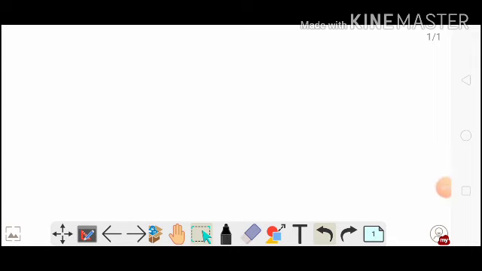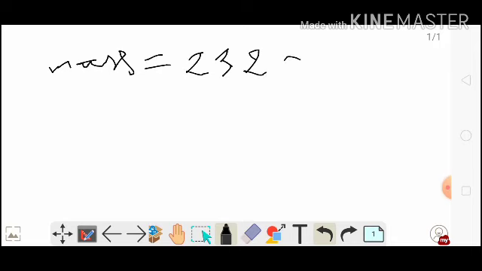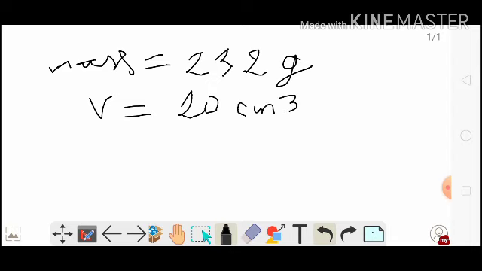The next one is: mass of lead is 232 gram and its volume is 20 centimeter cube. Find the density of lead in kg per meter cube. So the mass of the substance is 232 gram and volume is equal to 20 centimeter cube, sorry for this terrible handwriting.